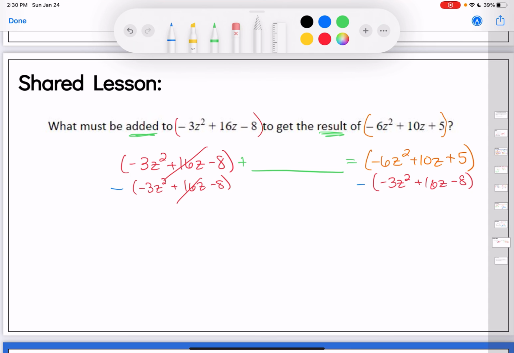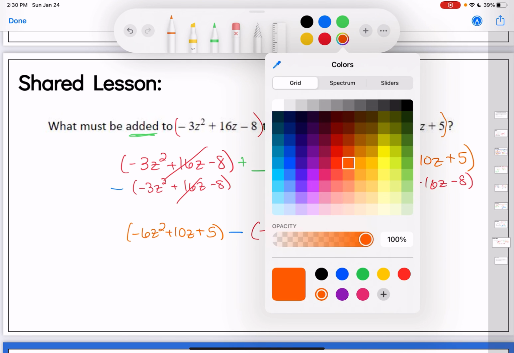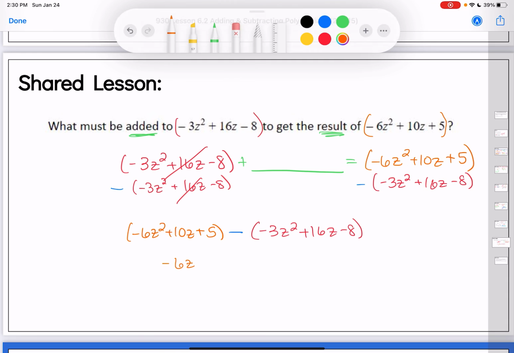So really, if I rewrite this problem, it's saying the result, negative 6z squared plus 10z, the bigger one, plus 5, minus negative 3z squared plus 16z minus 8, okay? And now it looks exactly like all those problems we've been doing before. So my first one, I'll keep exactly the same, negative 6z squared plus 10z plus 5.